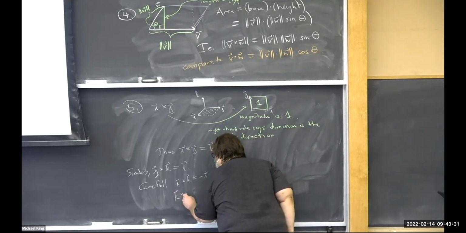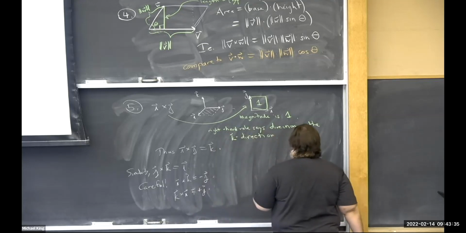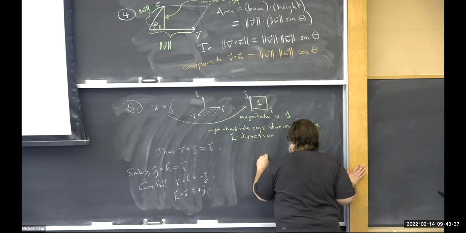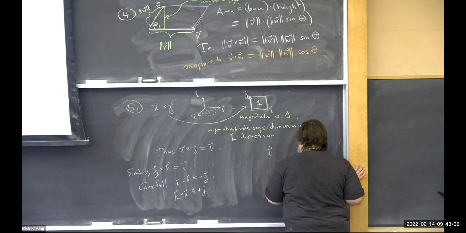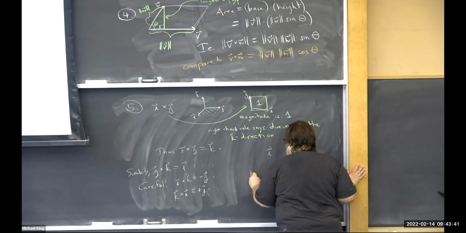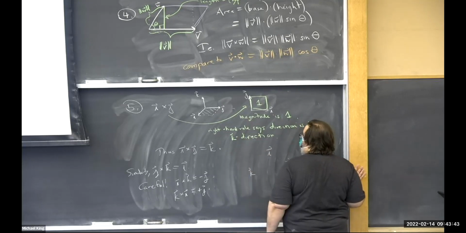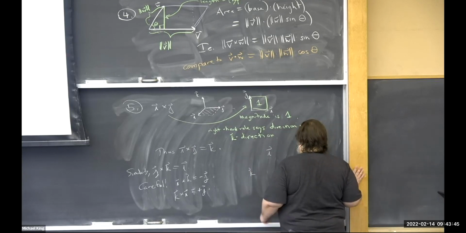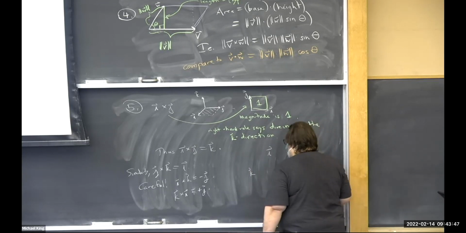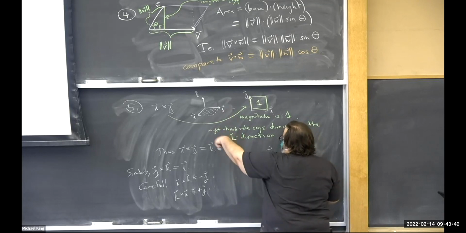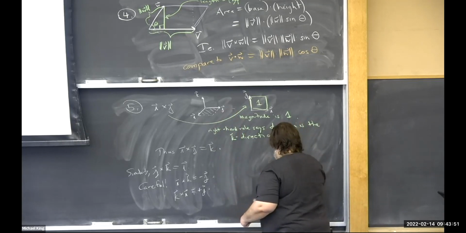The way I think about it is almost like making a circle. I, J, and K are in a circle like that already.